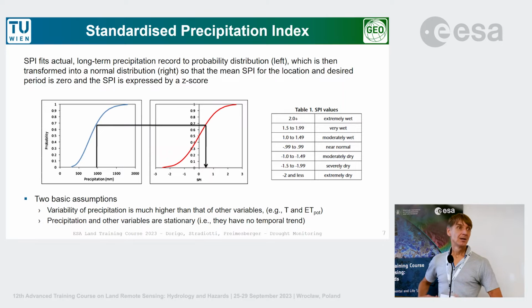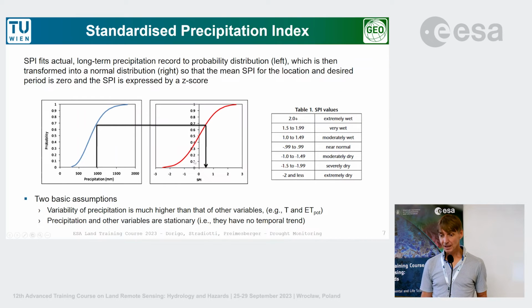So what if you have a year where you receive 1,000 millimeters of precipitation, or a month, which would be a lot for a month, but let's stick with the year. You can see how likely it is to get that amount. If you map that onto this distribution curve, you get a probability. The standardized precipitation index is nothing more than converting amounts of precipitation into a Z-score.